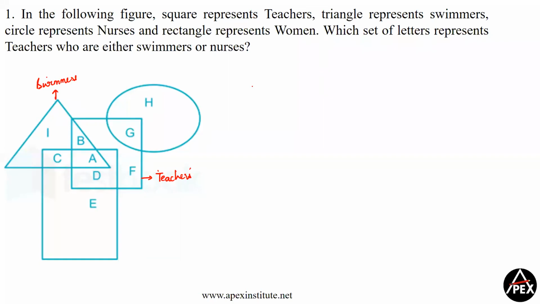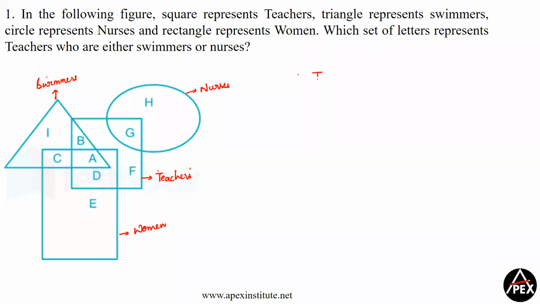Circle represents nurses. And rectangle represents women. Now, which set of letters represents teachers who are either swimmers or nurses? I have a question, guys.